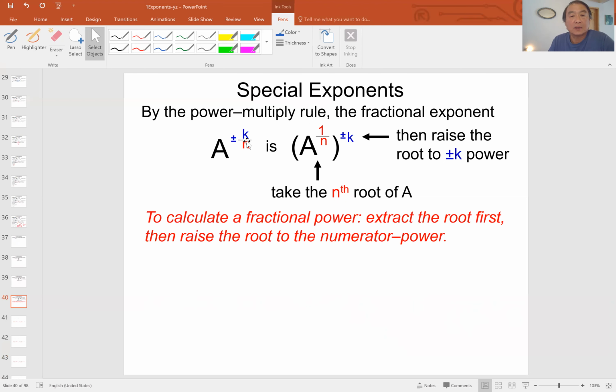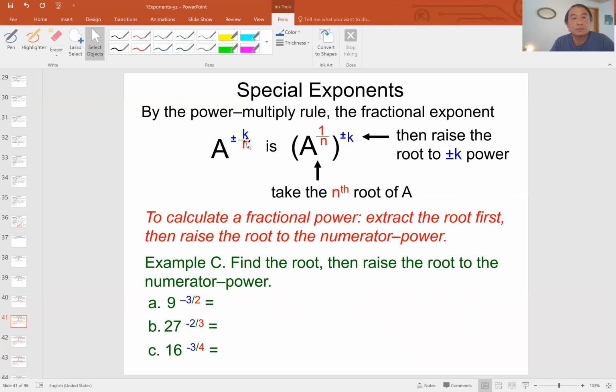So for example, I have all these fractional powers, and how do I interpret them? Well, this is a square root. That's a cube root. And this problem is a 4th root. So take that root first, and then you raise it back to the power of -3, the numerator power.